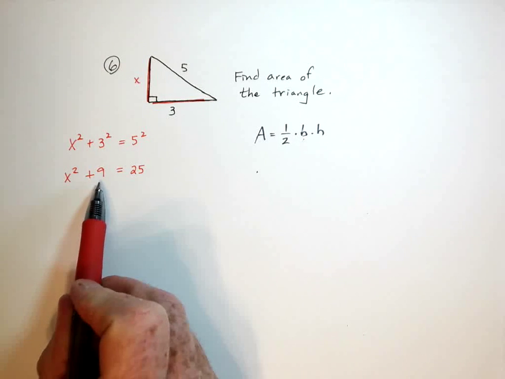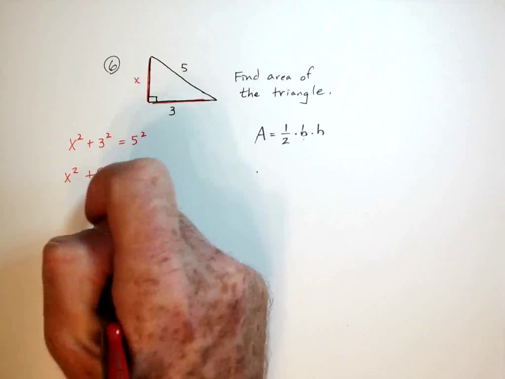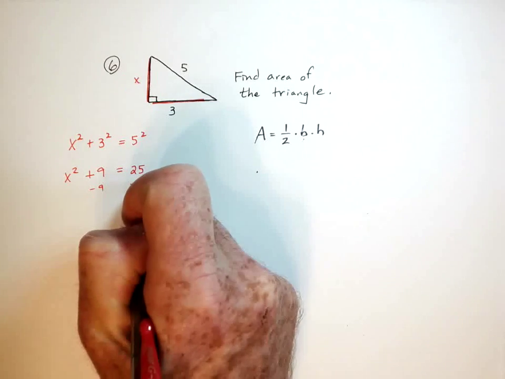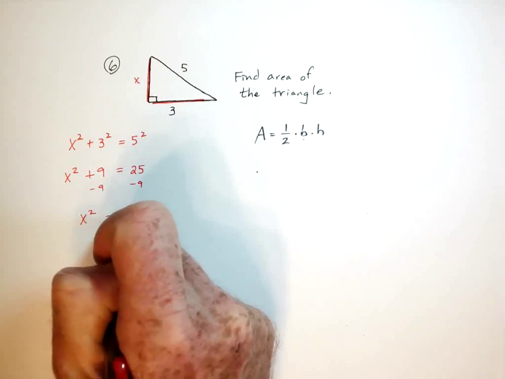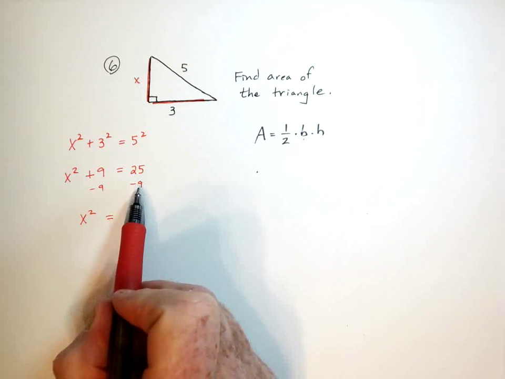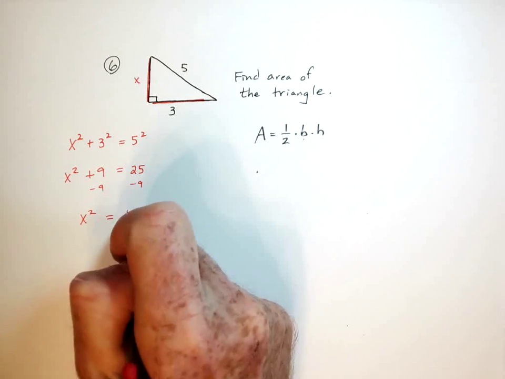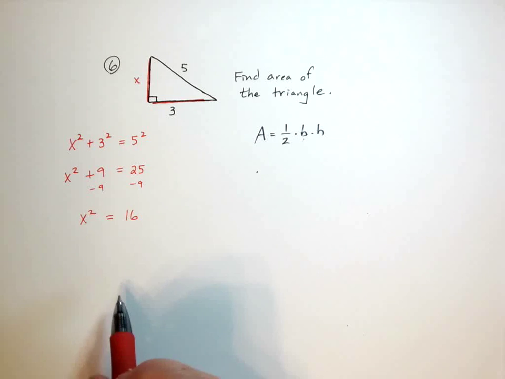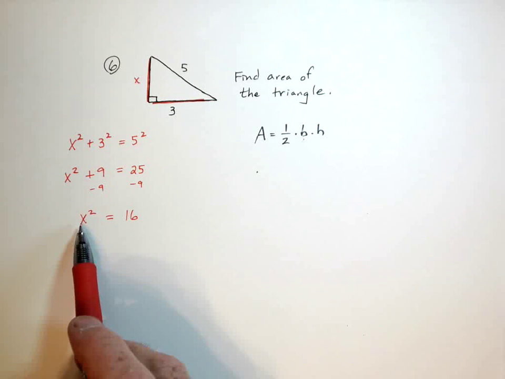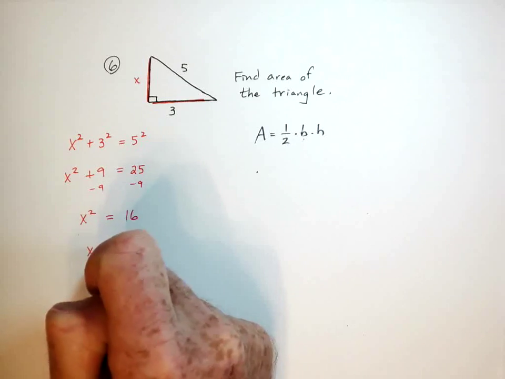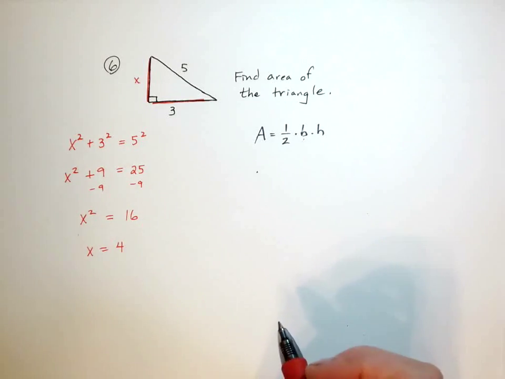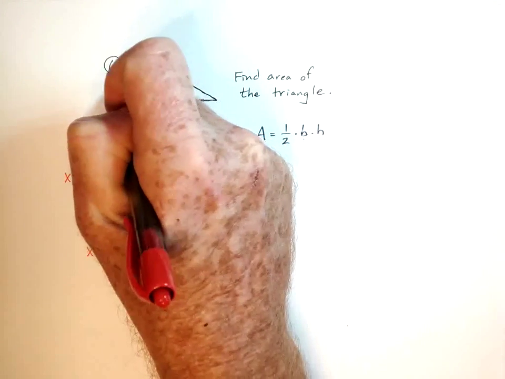And then what I could do is subtract 9 from both sides. And it's going to say x squared is equal to 25 minus 9 is 16. So in other words, what number do you square and you get a 16? That would be the number 4. So this side is 4.